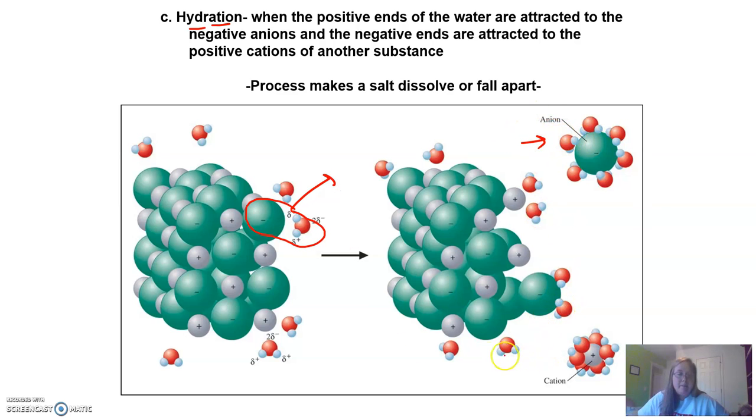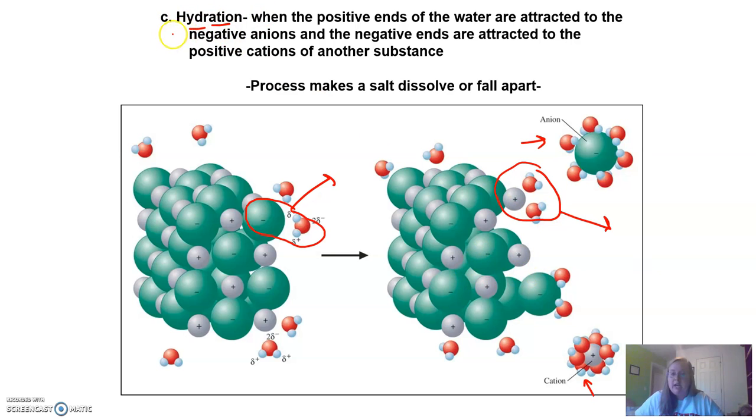And the negative part, the oxygen, is going to be attracted to the positive ion of the salt, and is going to pull it away like it shows here, which is exactly what dissociation is. It's breaking apart some sort of ionic compound in water, into its individual ions, and the process by which this happens is called hydration.